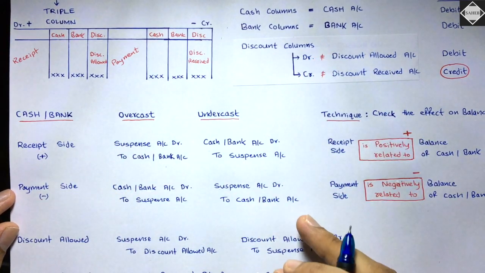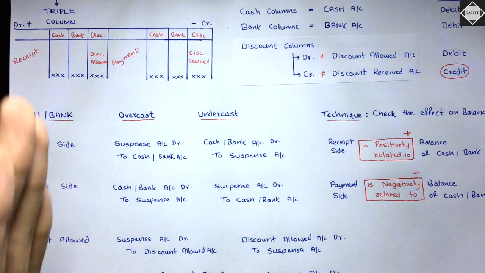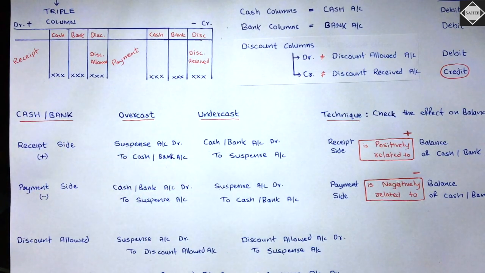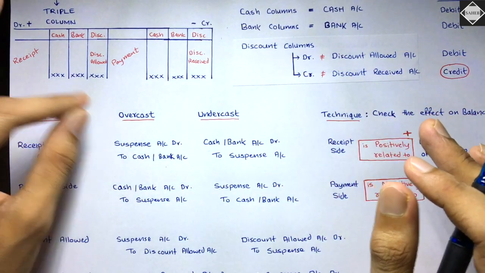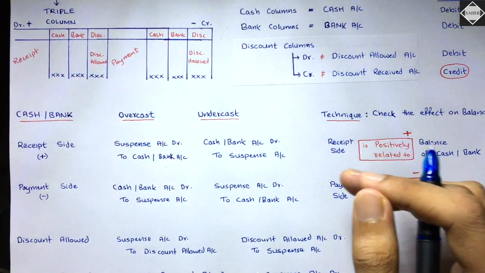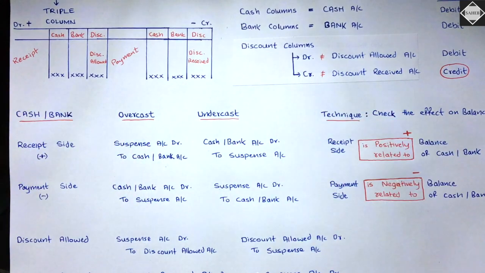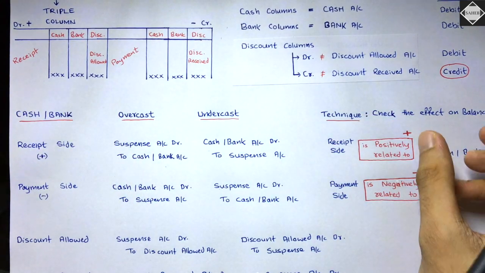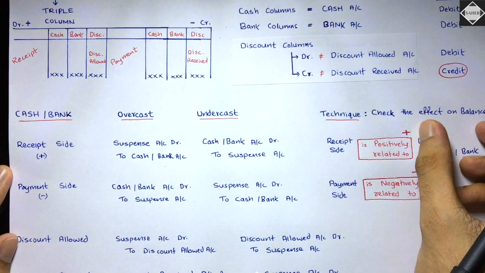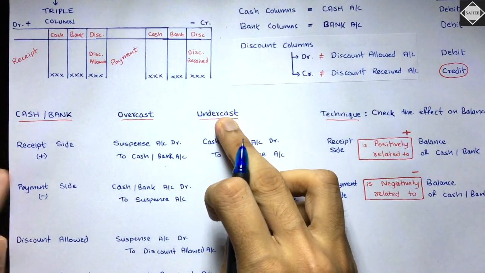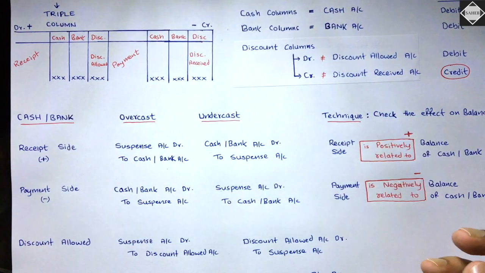So what is the final step? Do the opposite. If it is overcast, bring it down. If it is undercast, bring it up. But you need to first have the effect on balance. Once you know the balance is undercast, simply bring it up. Is that clear? So that's it.